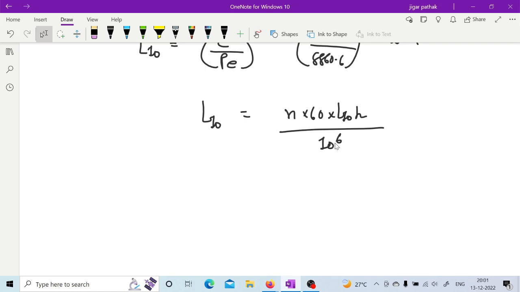Yes, N1 is 125 and P1 is 5,000. Each part of the term represents how much revolution it is contributing. That N1 is the amount of revolution that has occurred while that P1 load is acting.